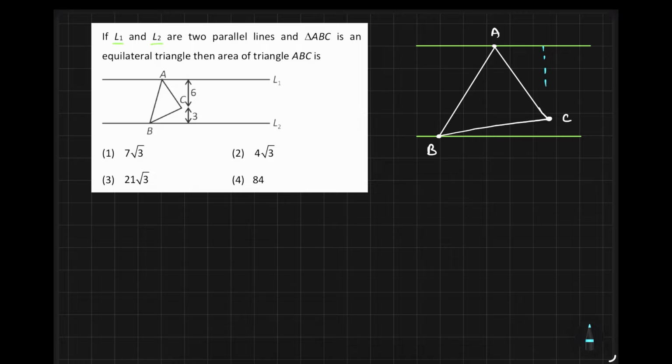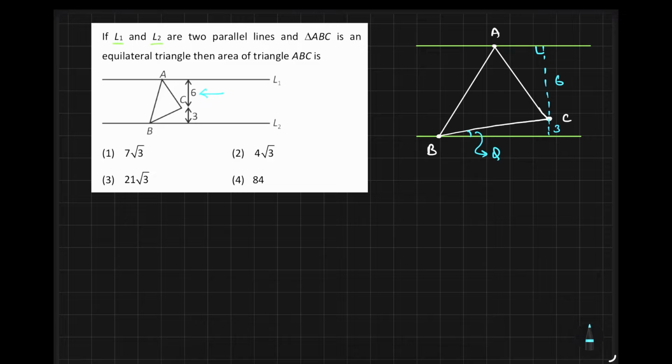So they have given that it is equal to 6, so this perpendicular distance is 6 and this perpendicular distance is 3, correct? Now I will consider this angle to be theta.